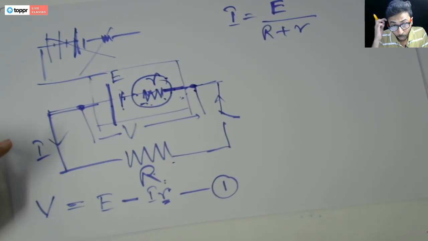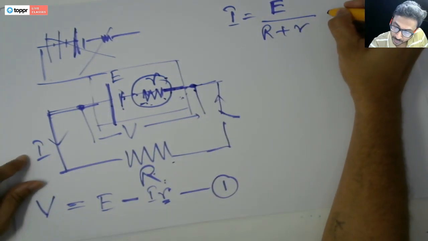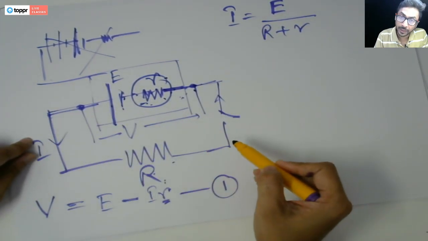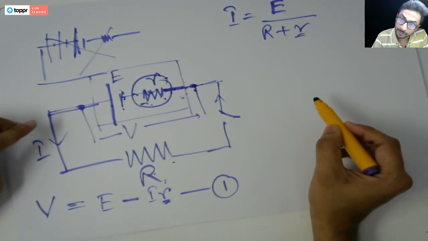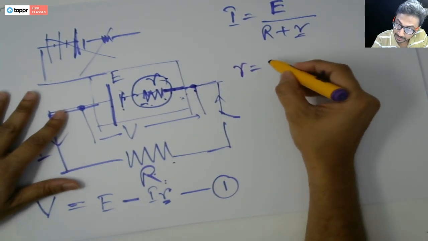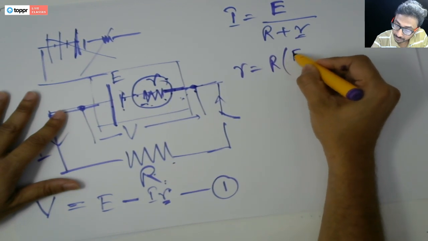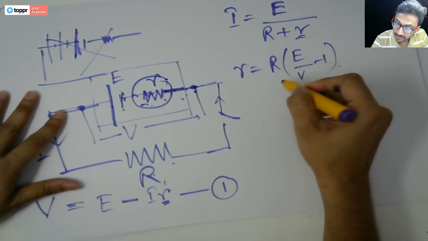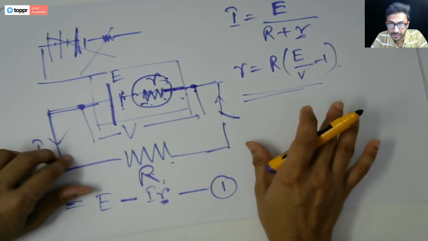Now, with the help of these two equations, where I is the current flowing and r is the internal resistance, you can find out the value of r, and r will be given by R times (E by V minus 1). You can deduce this, where r is the internal resistance.